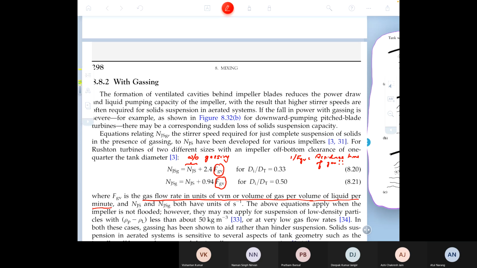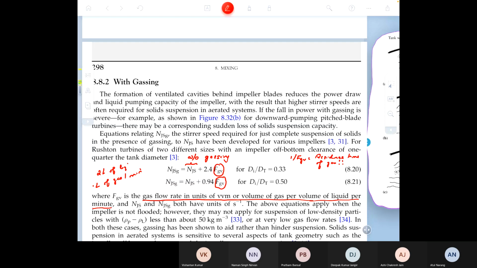So, for example, if you had 2 liters of liquid in a reactor and 1 liter of gas per minute flowing in, your VVM would be 0.5 per minute, because you would take 1 liter of gas per minute and divide it by 2 liters of liquid. So essentially 0.5 volumes of the liquid phase are being passed through the liquid per minute. That's another way of looking at it.